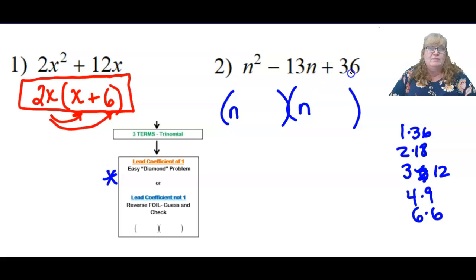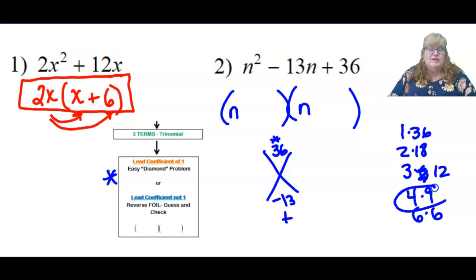Now, to multiply to make a positive, they need to both be positive or both be negative. But they need to add up to a negative 13. Some teachers may have had you practice this in Algebra 1. So they need to multiply to make this, but add to make this.